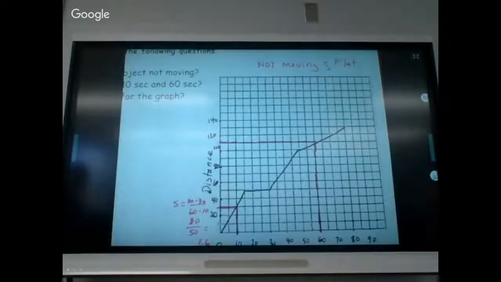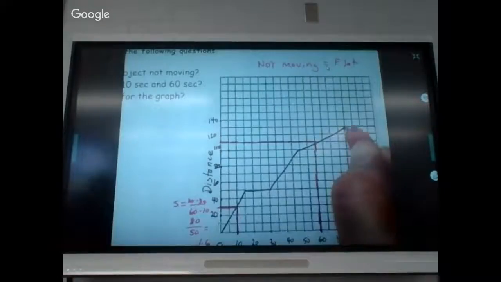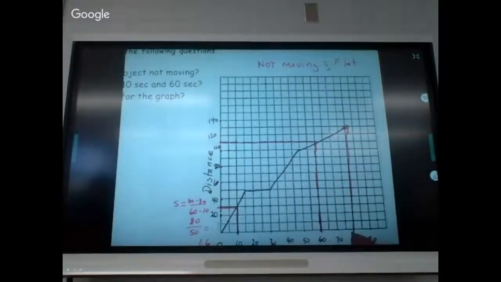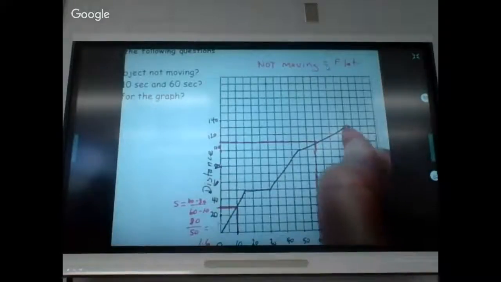All right. So average speed. Where do you go to do average speed on the graph? Here you go. Where should you go? The very end. Okay. So to do average speed, you go to the very end. All right. So very end would be 80.